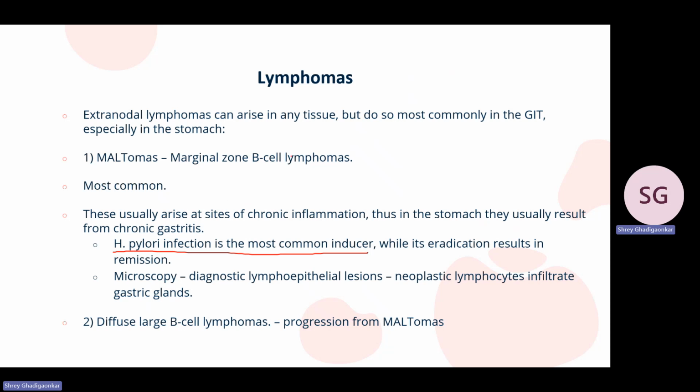So if you eradicate the H. pylori infection, the MALToma usually goes away. Microscopically, it's usually diagnosed with lymphoepithelial lesions. The second type of lymphoma is the diffuse large B-cell lymphoma, which can progress from MALToma. And if it does progress, it's usually pretty malignant.